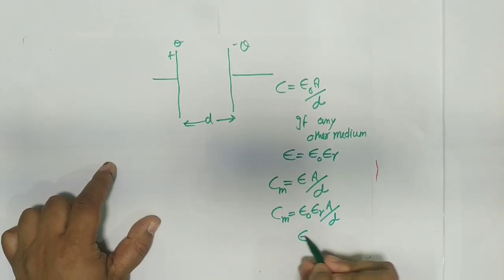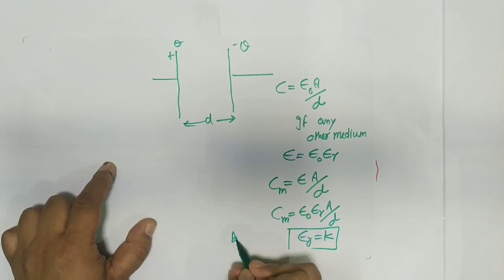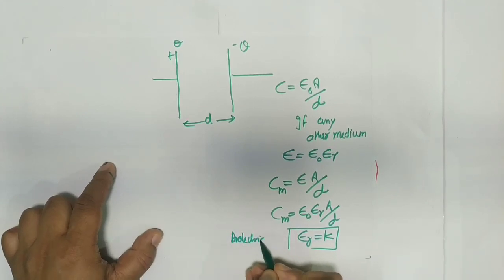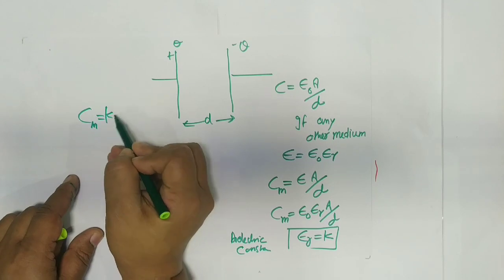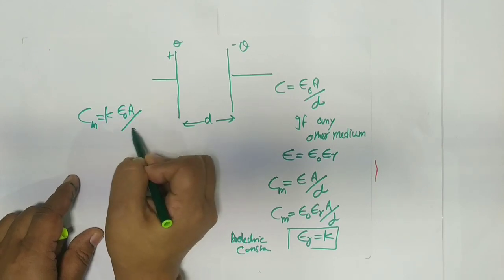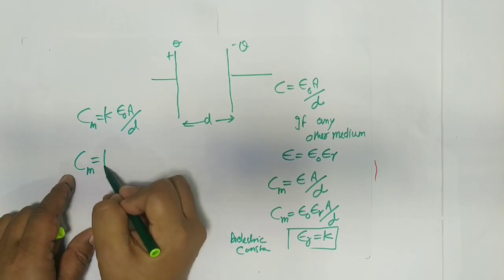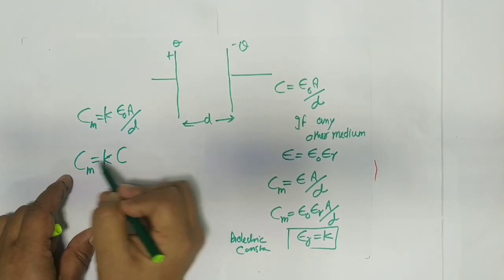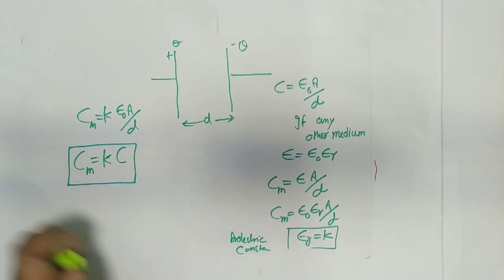And how many of you remember epsilon R is capital K, the dielectric constant? Remember it? Dielectric constant. So can I write Cm equal to K epsilon naught A by D, in place of epsilon naught K? So finally it is K times what of C. This is another very important point.